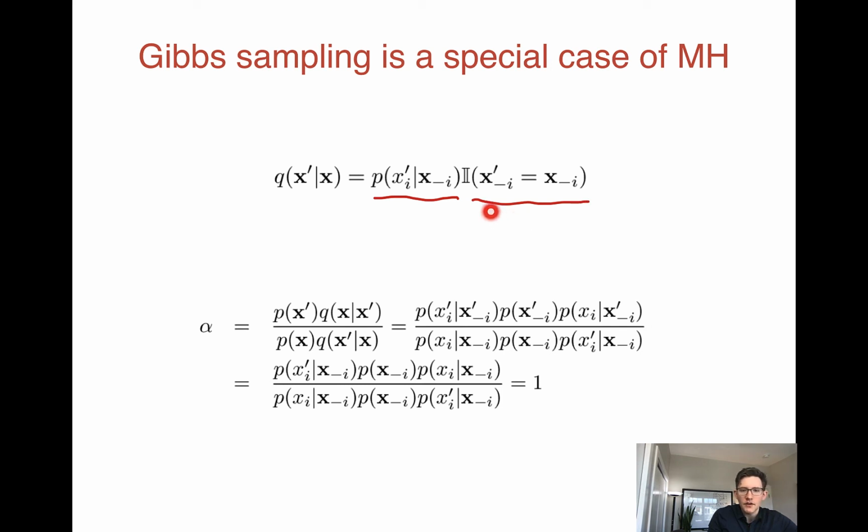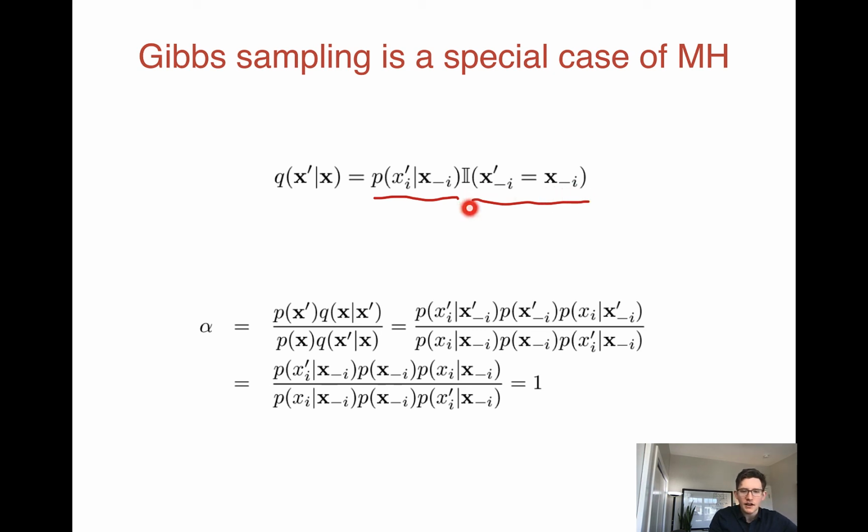indicator term here is just saying that this proposal distribution assigns a probability of 0 to any proposal where x prime minus i doesn't equal x minus i.